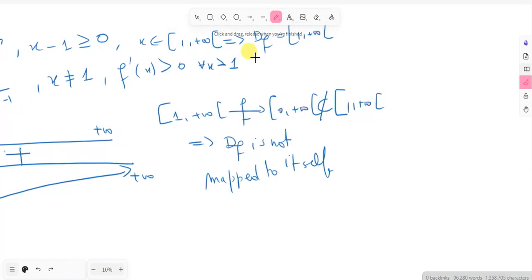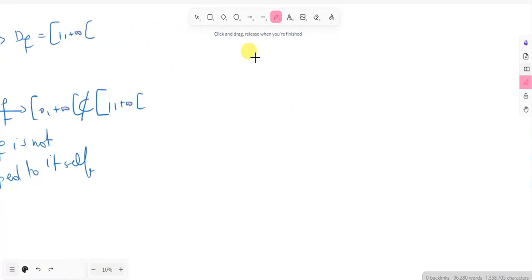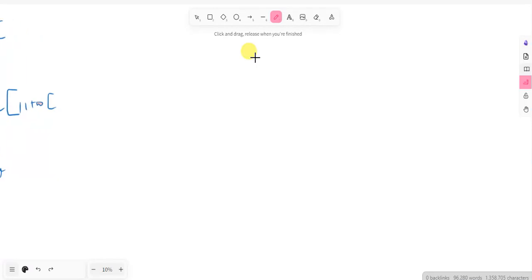Let's now see the consequences of this result. If we want to find u1, we have u0 equals 5, and u1 is the square root of 5 minus 1, so it's equal to the square root of 4, which is equal to 2.